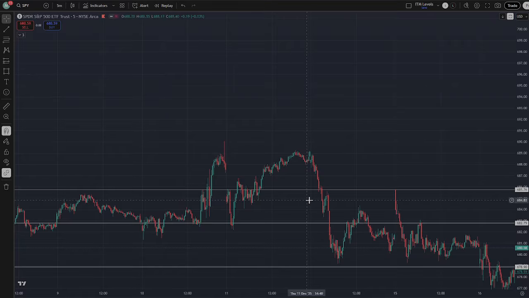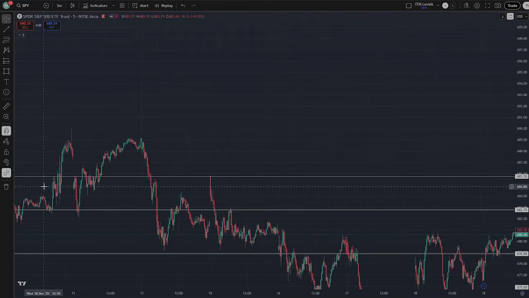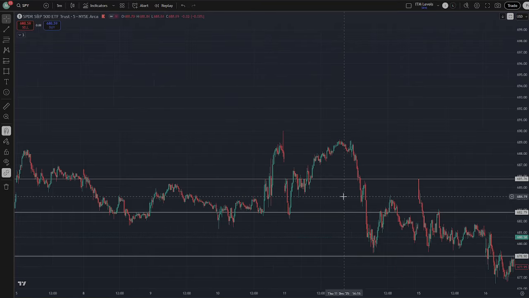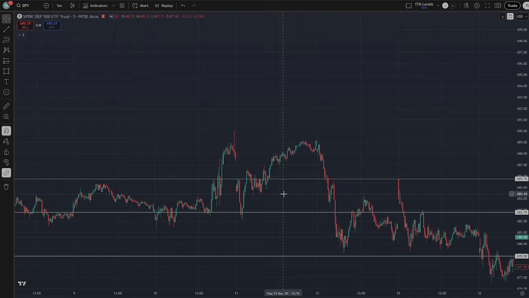Over there gets a little bit choppy, so I'm just gonna base it off the most recent price action we've had in this upside area, and I like 685.76 because right here we can see we hold below it, stay below it. This one opens below. This one opens on it as well, stays below it. Another open on it, stays below it.